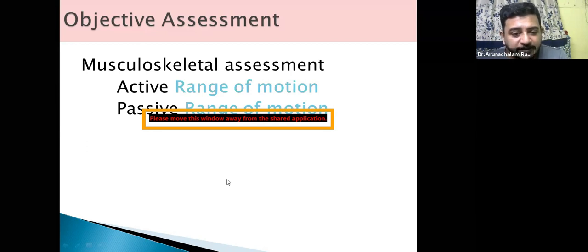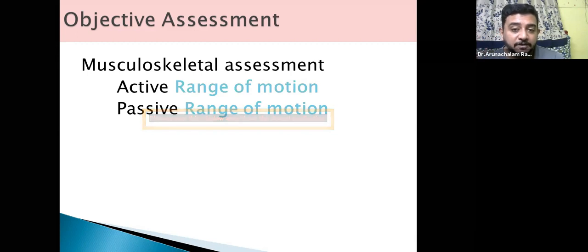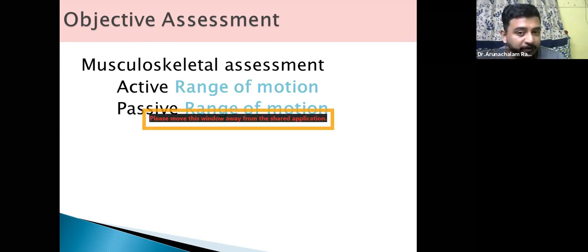There are also instances where the active range of motion will be full and free, and the passive not full and free. The active range of motion will be more than the passive range of motion. This can happen when the patient has an apprehension to move. When the patient thinks that bending forwards, if somebody does this movement, I will fall. If I do it on my own, I am fine.